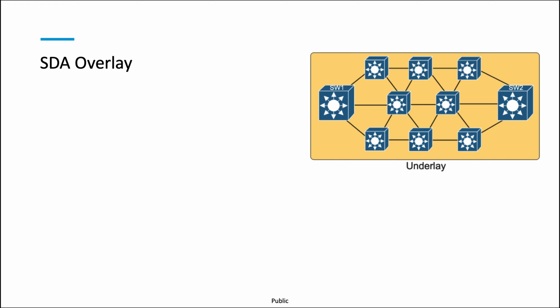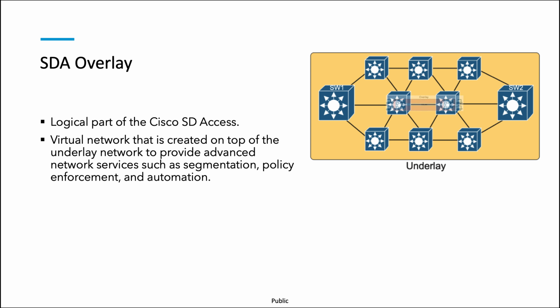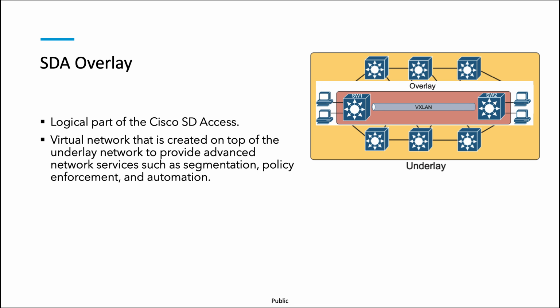So let's go ahead and see another important thing, that is SDA overlay. SDA overlay is the logical part of the Cisco SDA architecture. It is a virtual network that is created on top of the underlay network to provide advanced network services such as segmentation, policy enforcement, and automation.